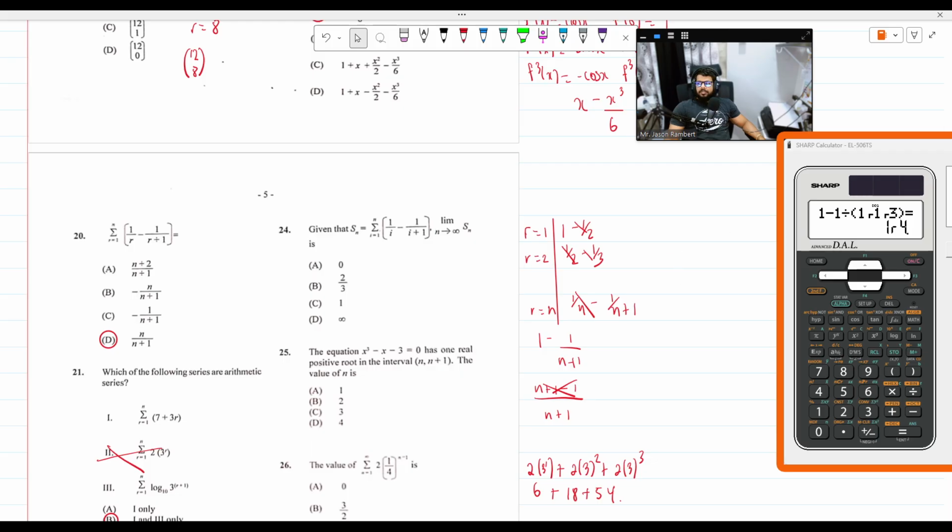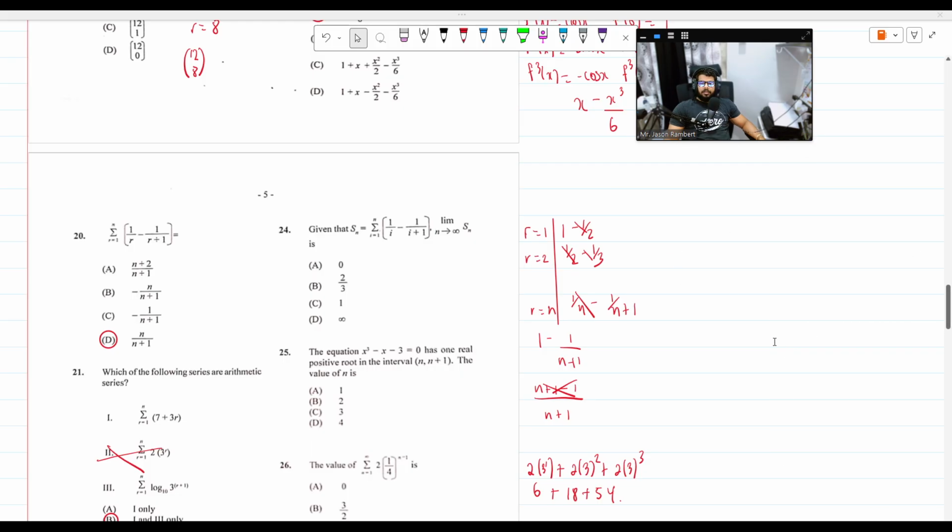Alright, so we have a sum to infinity of a method of differences here. So number 20 and number 24 is the exact same thing. Alright, so we need to see, if I fix this up, this alone, 1 over i take away 1 over i plus 1 is the same thing here.